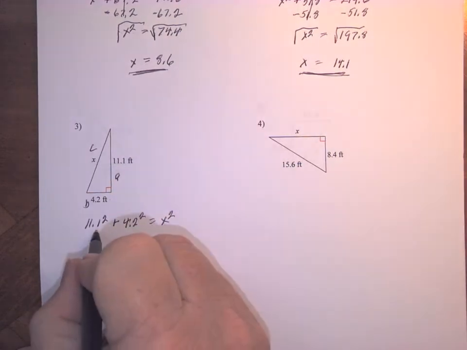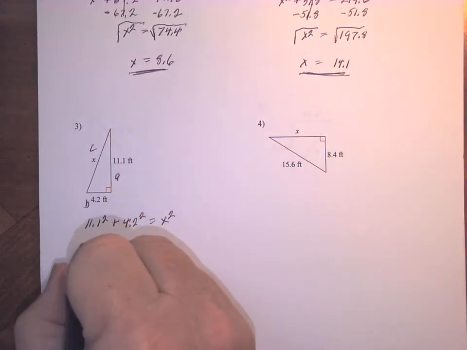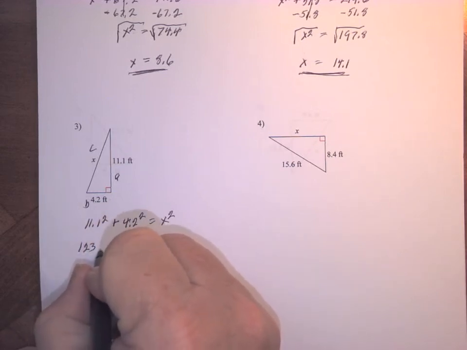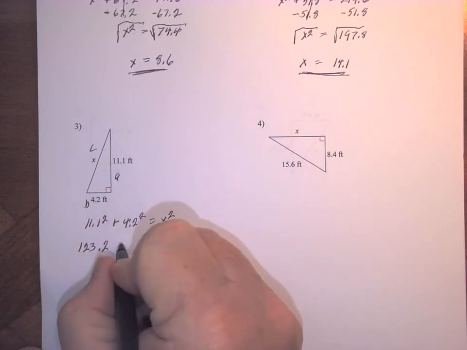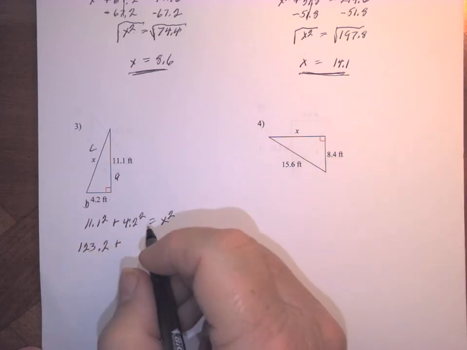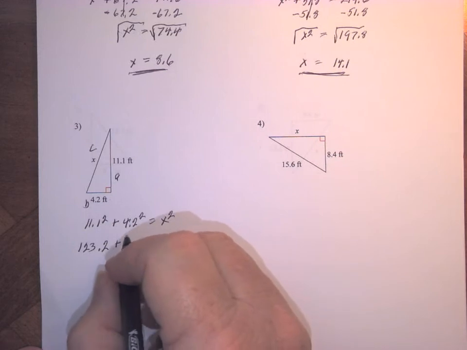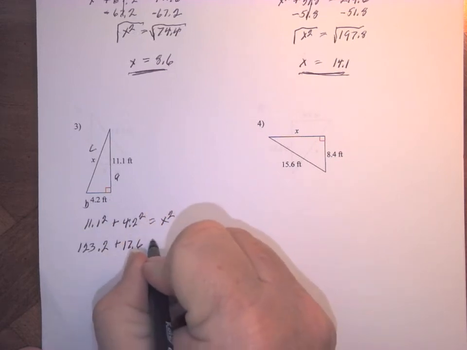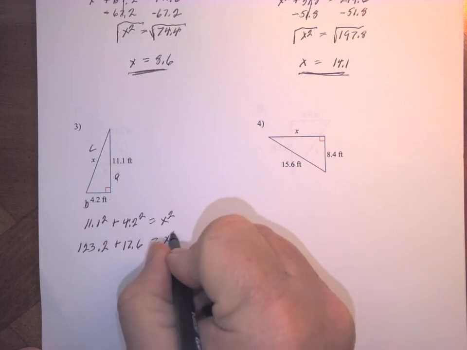Well, 11.1 squared is equal to 123.2. And 4.2 squared, it's going to be more than 16, but that's 17.6, and that's equal to x squared.